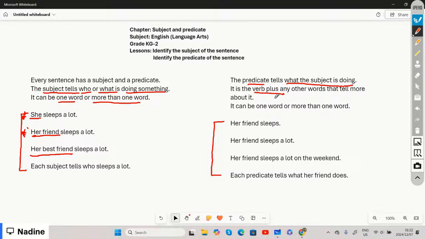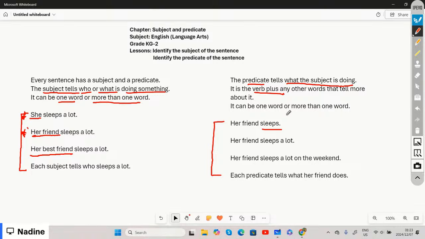So we said, what is her friend doing? She sleeps. So sleeps is the first one. So her friend, that is the subject, and the predicate is sleeps.